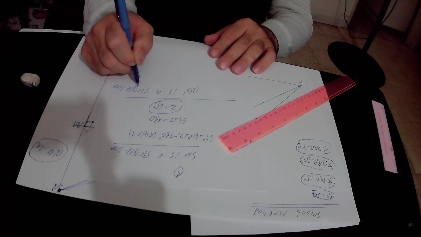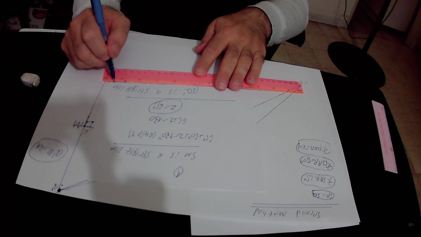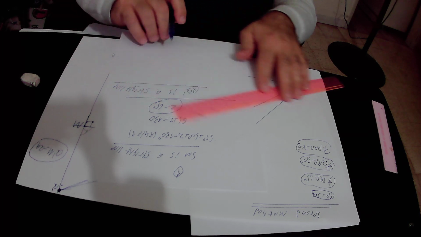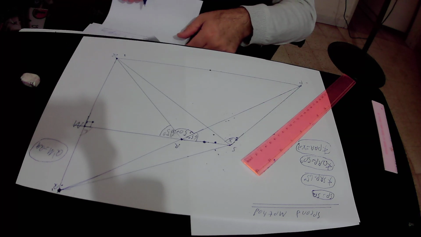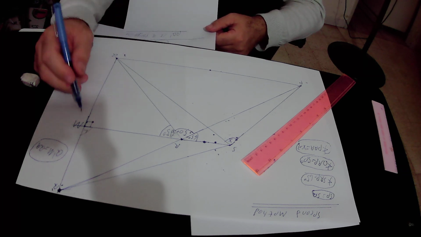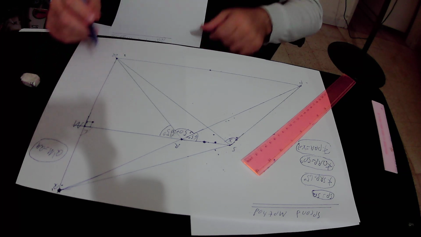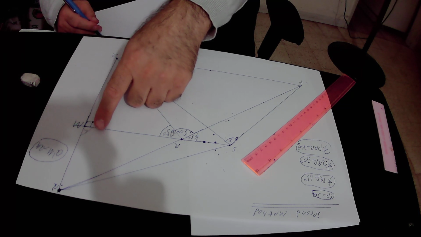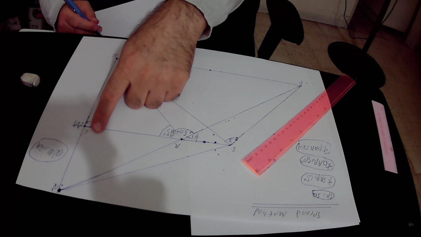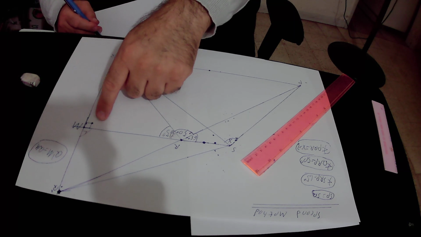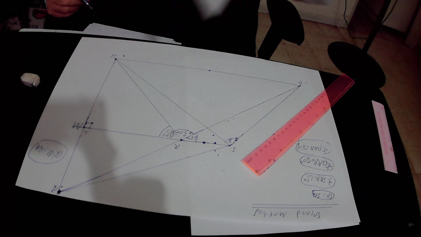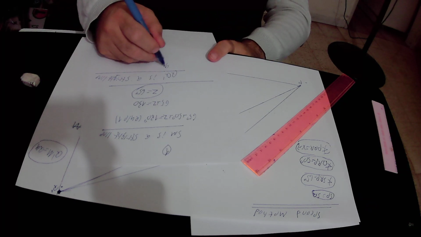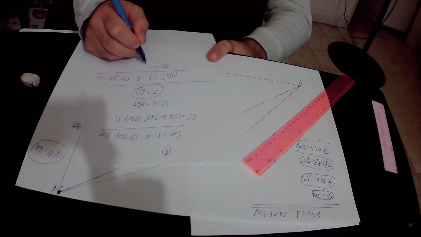And we have rule number 1 that states that the sum of the angles on one side of a straight line is equal to 180 degrees. That is to say, if we focus on point M on this side of the straight line QQ dash, the sum of the angles must be equal to 180 degrees. So which angles do we have on this side of the straight line? We have here 90 degrees plus L. So according to rule number 1, 90 degrees plus angle L must be equal to 180 degrees.